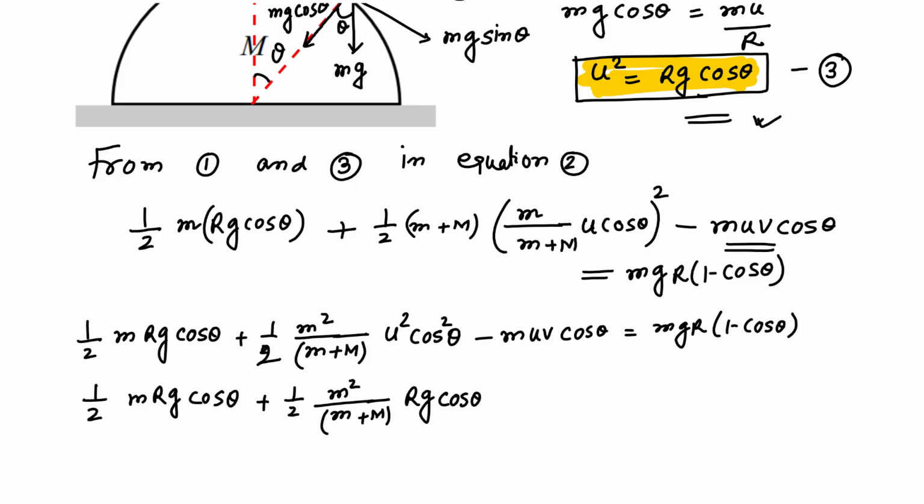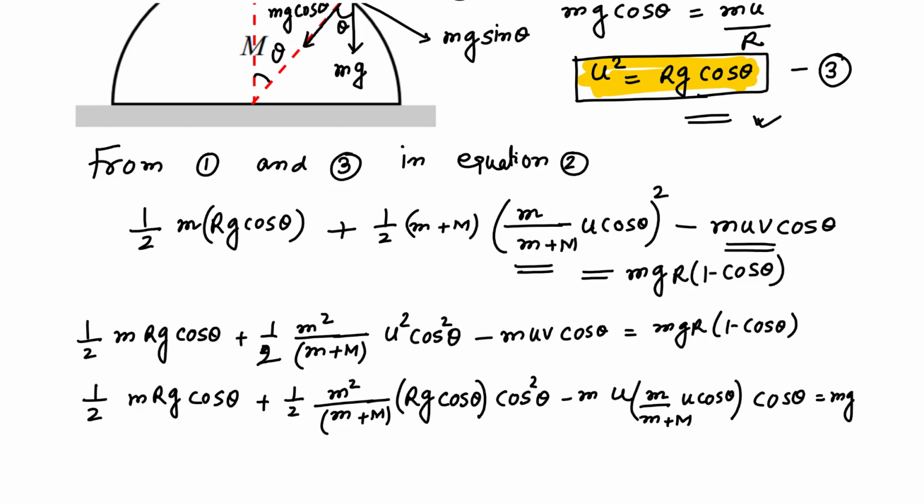So this is rg cos theta, cos square theta minus muv. But what is v? You remember, v is this term, m divided by m plus M u cos theta. So this is my v, and this is cos theta is equal to mgr (1 minus cos theta).